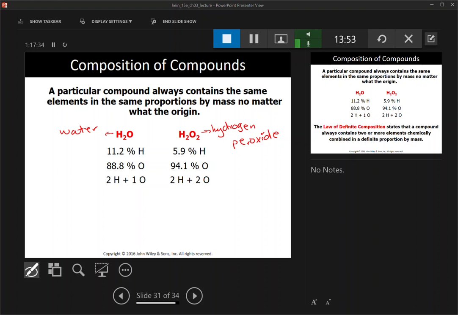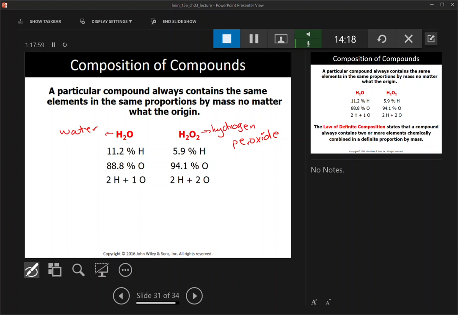But in H2O2, 5.9% is hydrogen, 94.1% is oxygen. So what this means is that only if oxygen and hydrogen combine in an 88.8 to 11.2 ratio, you will have water molecules. Any other proportion, what you have is not going to be water.